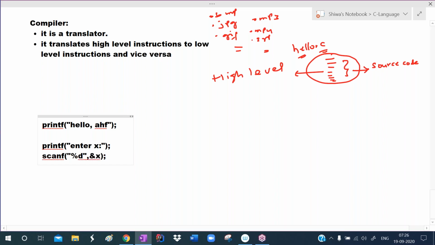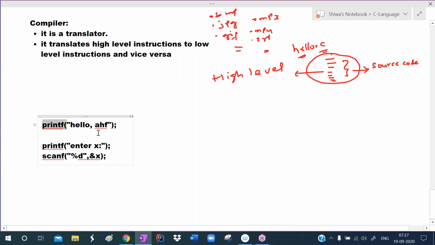This source code cannot be understood by the computer. This is human understandable code, and human understandable code is called high level code, or high level instructions.